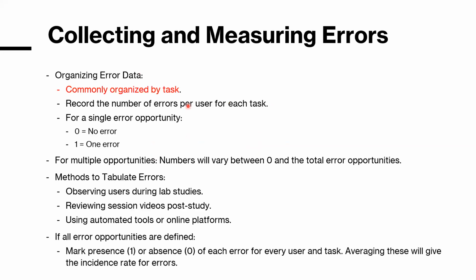A single error is very simple; we can record for each task either no error or yes, we have an error. But for multiple errors, it depends on how many errors they make, the number of errors between 0 and the total that you define.